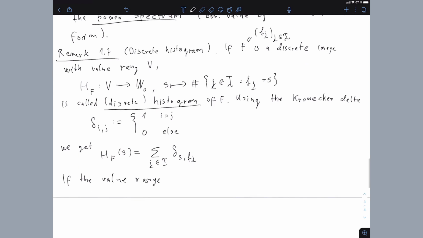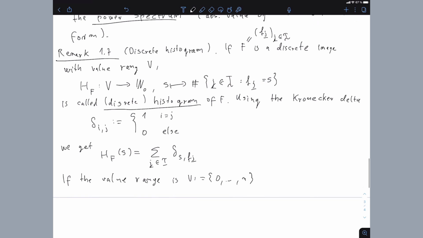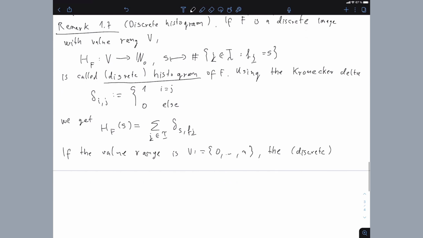And if we further specialize the value range, so for convenience, I just say it's 0 to n, but a finite value range is enough, we can define what this green curve in the picture was that I just showed to you. Then the discrete cumulative distribution function, also CDF, is defined as follows.